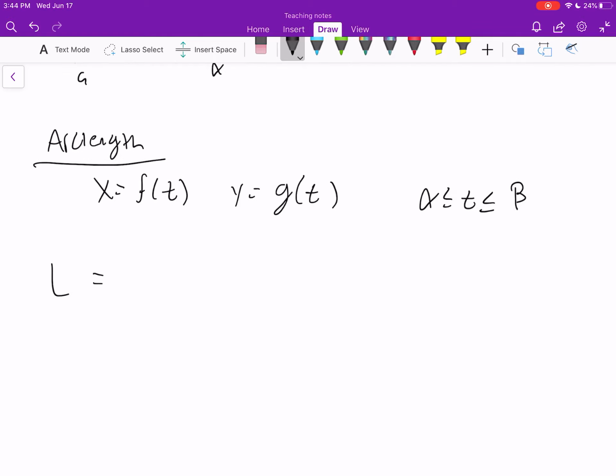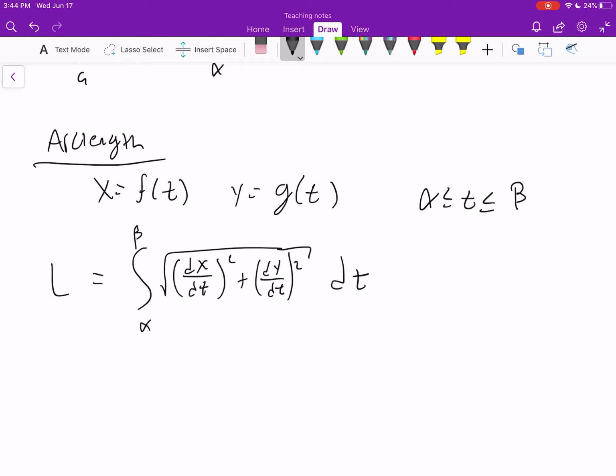Then the arc length is defined as the integral from alpha to beta of the square root of, and now the form of this changes, dx dt squared plus dy dt all squared, times dt. That's different than the formula we had originally, but this is how you do it for parameterized curves.